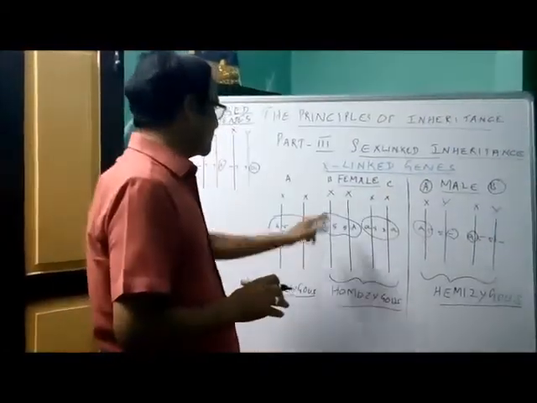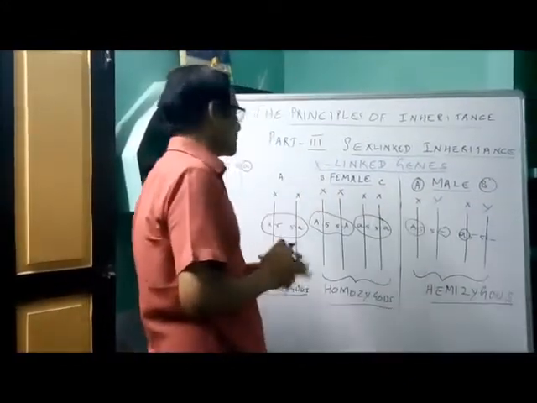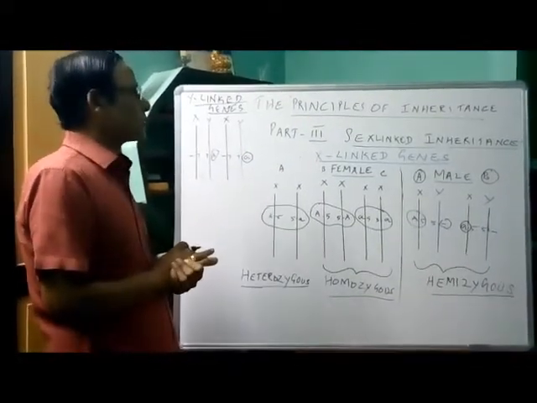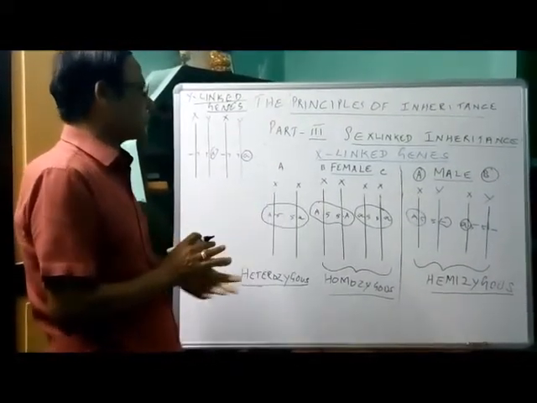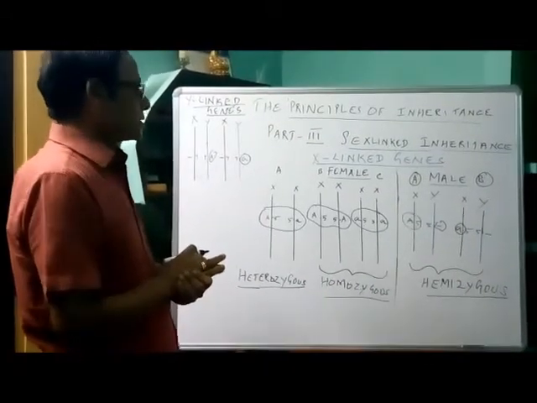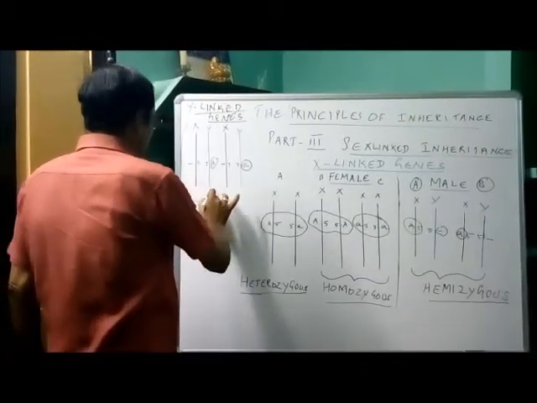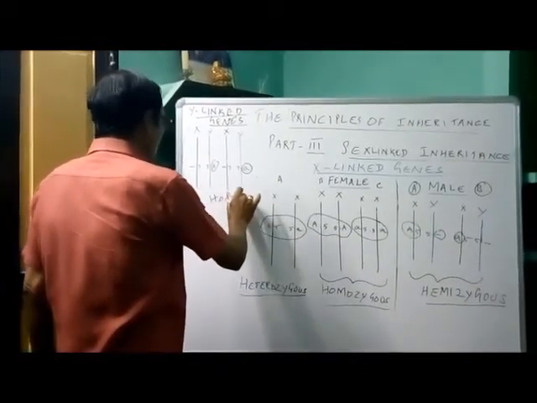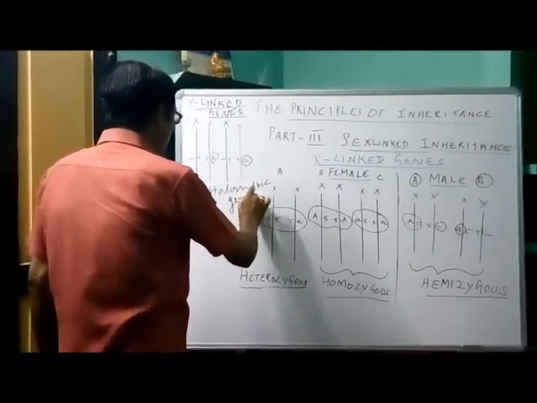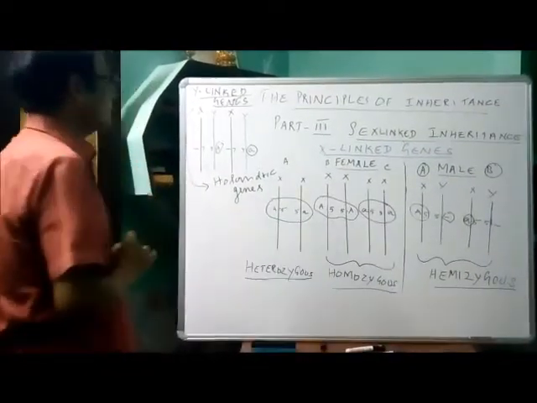From the pictures you can understand what a Y-linked gene is and what an X-linked gene is. Y-linked genes are also called holandric genes. This is another name for them.